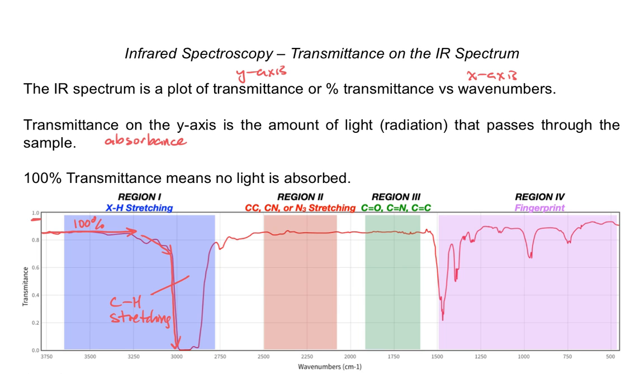So within that signal there is your CH stuff. So highlighted in blue is your XH, so it's CH, OH, NH stretching.